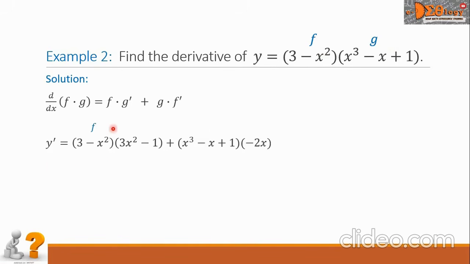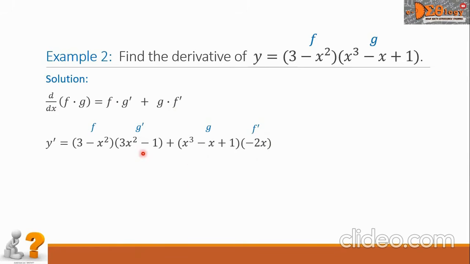The first function here is f, that is 3 minus x squared, then multiplied by the derivative of the second function, that is g prime. So we have here 3x squared minus 1, then plus g, the second function, so we have x cubed minus x plus 1 times the derivative of the first function f, that is f prime. So we write here negative 2x.